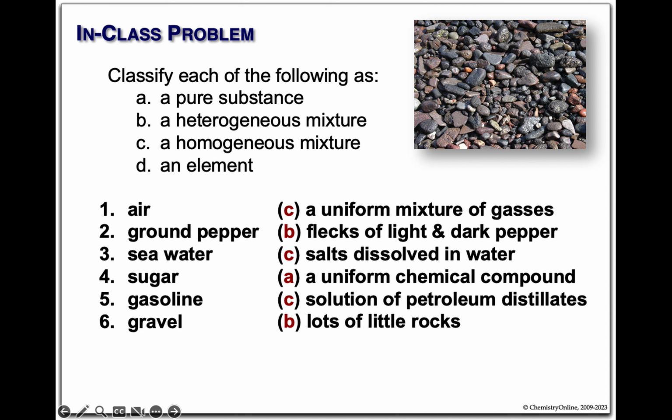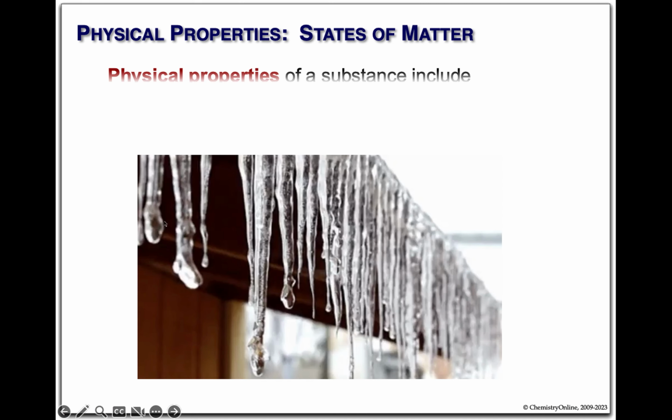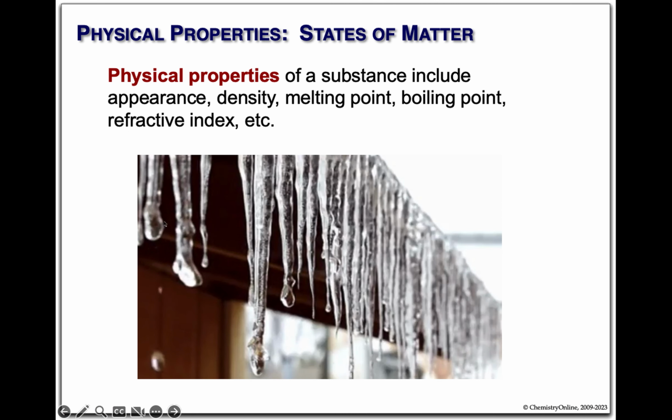All right. Physical properties and states of matter. Physical properties include things like appearance, density, melting, boiling point, refractive index. It's a descriptive thing. Chemical properties will describe the way something reacts with something else.